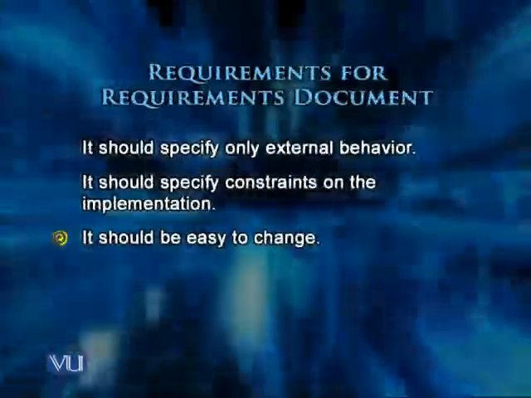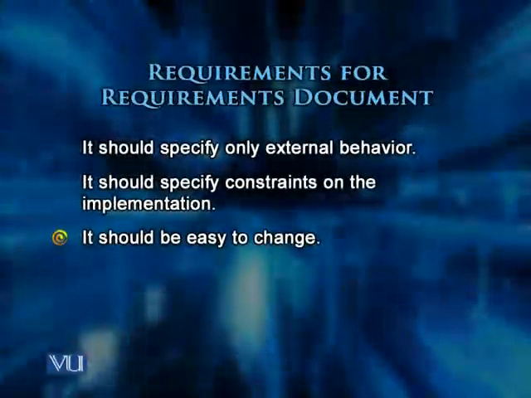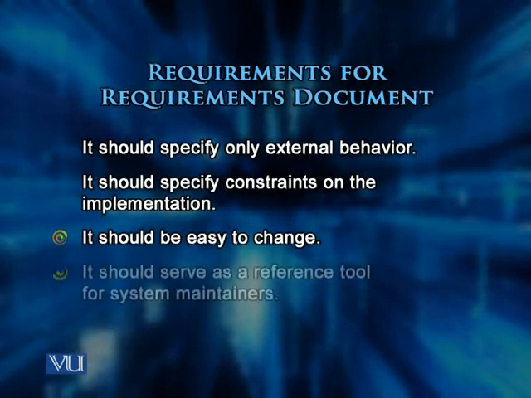And they help us focus on the development of the solution when we go into the designing and the development activities. The requirements document should be easy to change, and we will see how we can implement this requirement.